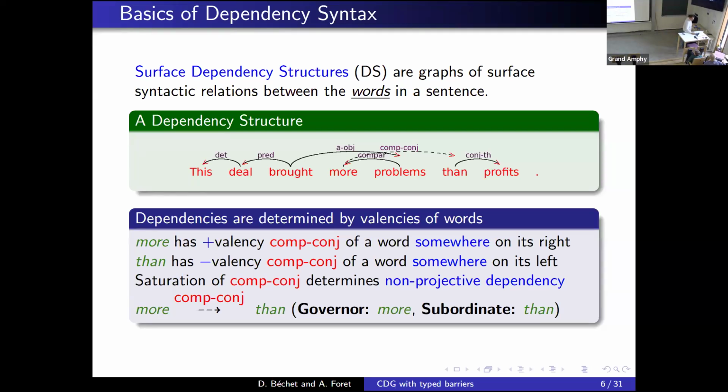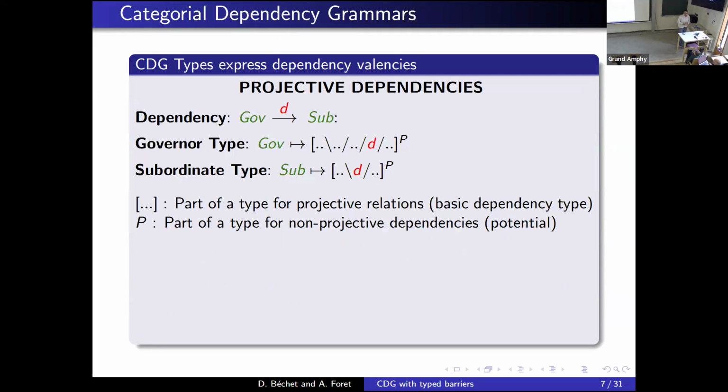Now we can shift to the typing of the words. To model projective dependencies, we have classical categorial types that correspond to a head for the subordinate. This is the head type of this type.